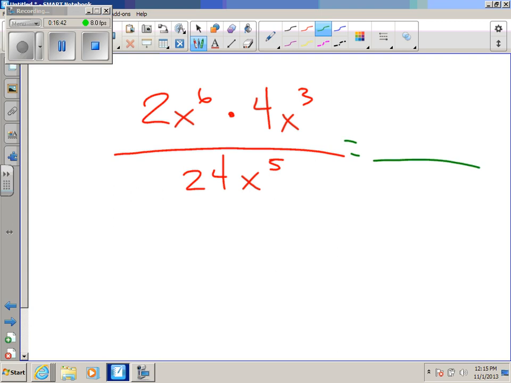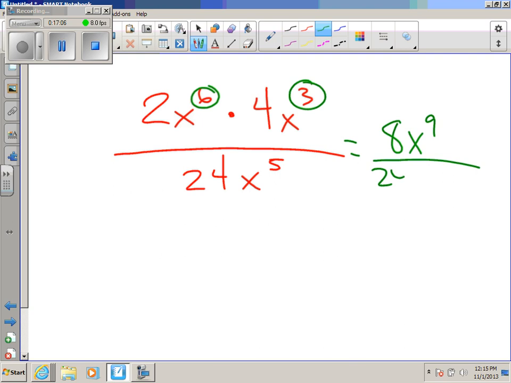When we do the multiplication on top, 2 times 4, and x to the 6th times x to the 3rd, you multiply the numbers by multiplying, and we multiply the powers by adding. So that's 9.